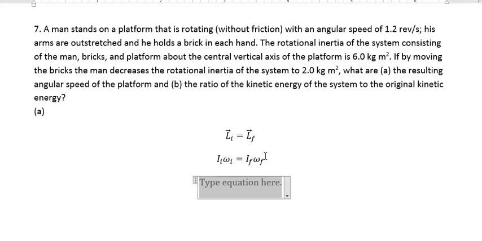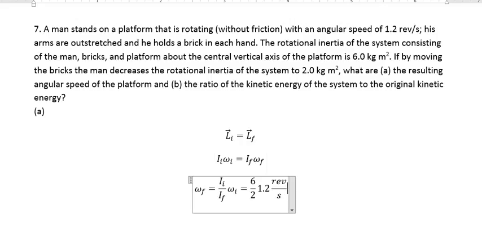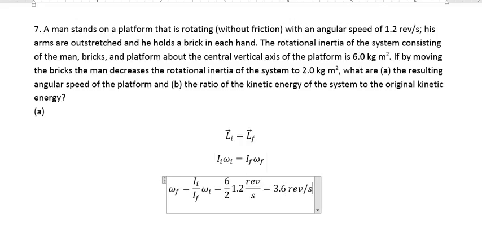And what we're after is omega final. So I initial over I final times omega initial. And so we have 6 over 2 times 1.2 revs per second. And that's going to give us 3.6 revs per second.